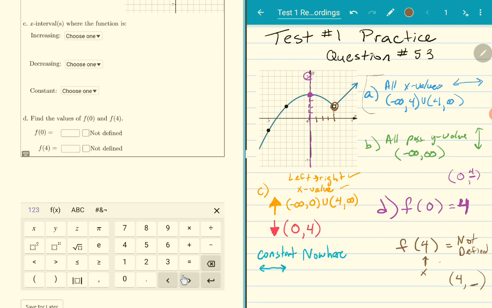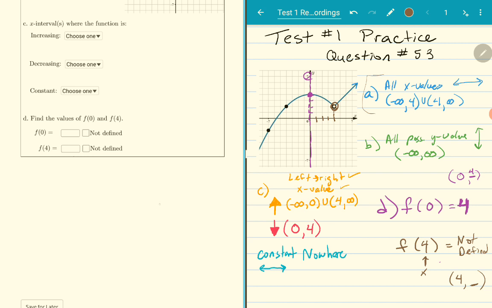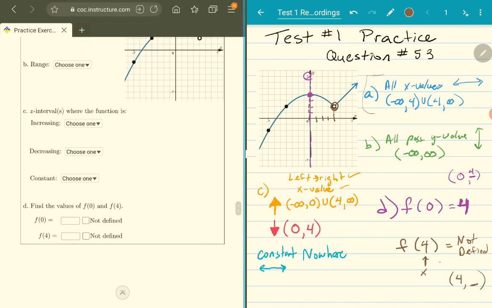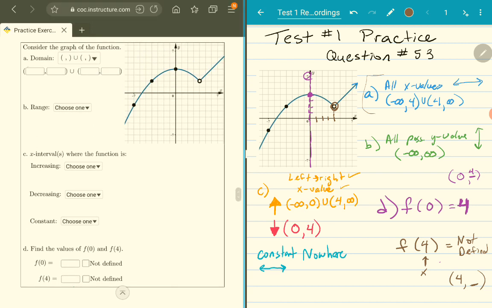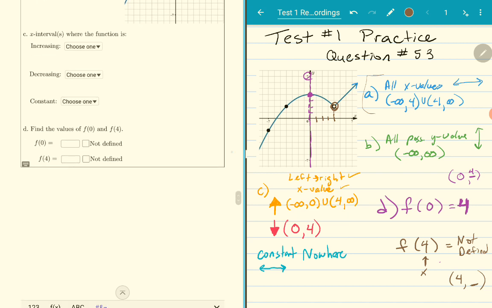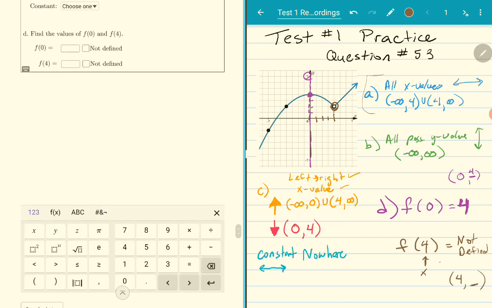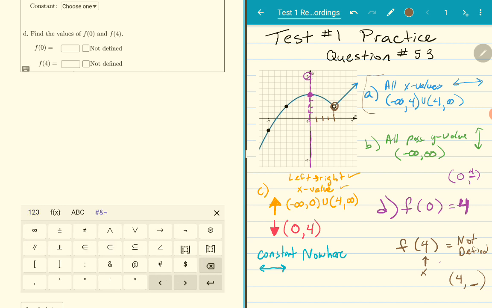negative infinity, which of course didn't show up. So let me try that again. So we have negative infinity.